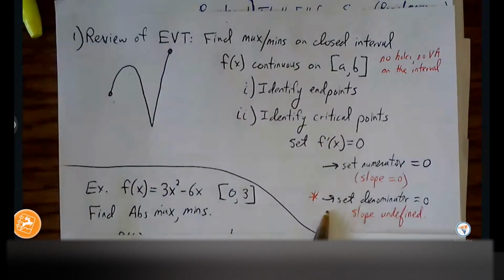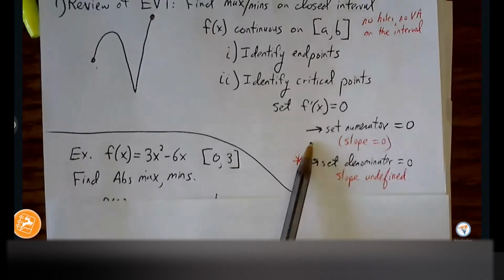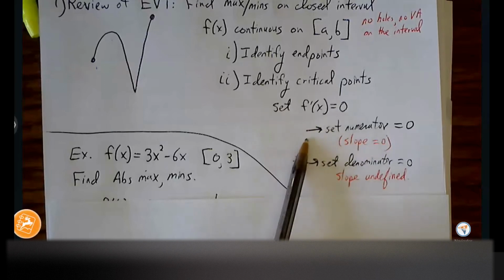But by and large, we don't see a lot of instances with a denominator of f prime. So usually this doesn't happen. Usually we're just looking in the numerator, or there's no denominator and we just set the entire derivative equal to 0 and find those slope zeros.